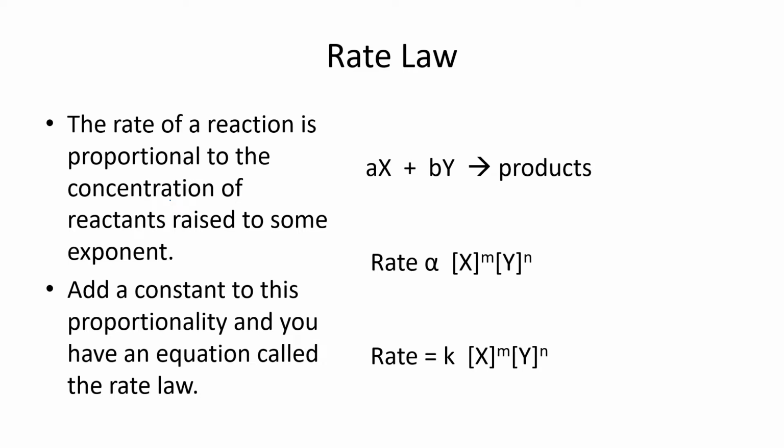So the rate law is an equation that's related to the concentration of reactants. So in my example here, we have X and Y. These are reactants. And the A and B, these are coefficients.